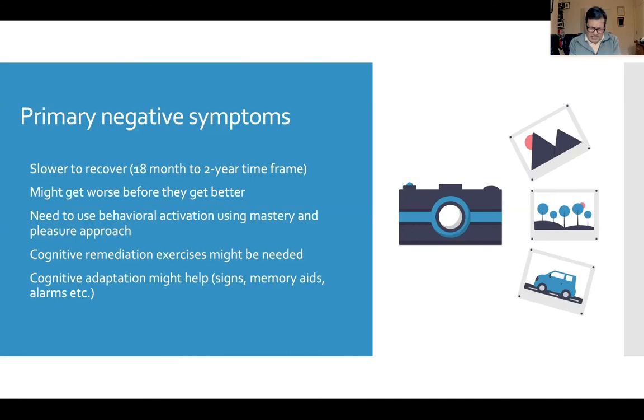So this is the main strategy to help negative symptoms, apart from the low pressure milieu. It's to start to get the brain working again, to make small successes and to be able to recognize small bits of pleasure and to gradually build it up.